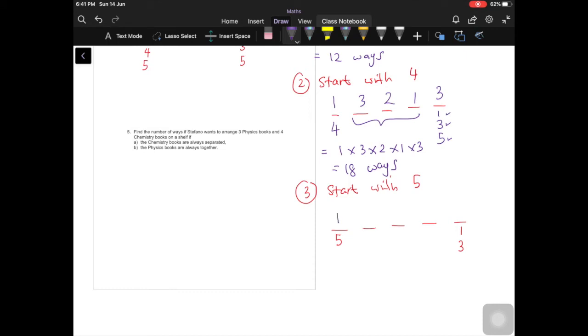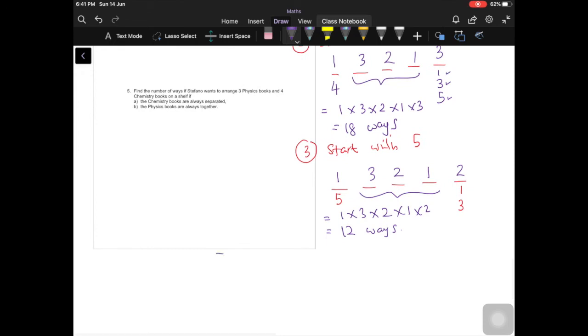Only one choice, which is 5. The last digit we have 2 choices, either 1 or 3. That leaves us with 3, 2, 1 for the middle digits. So the number of ways is 1 times 3 times 2 times 1 times 2, which is 12 ways.